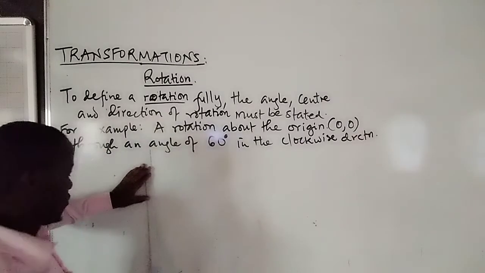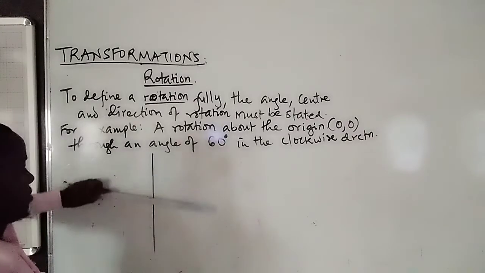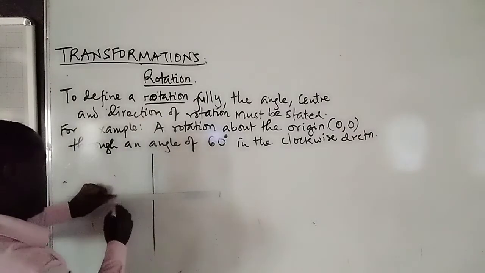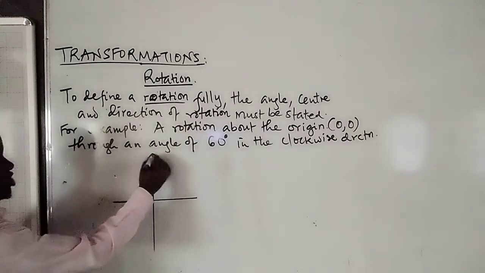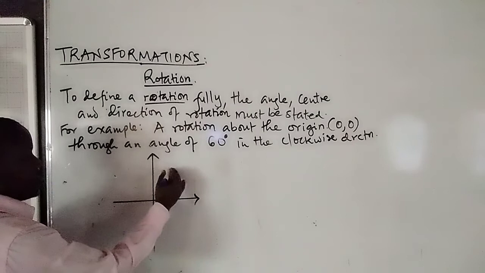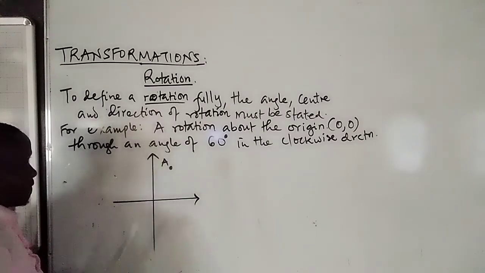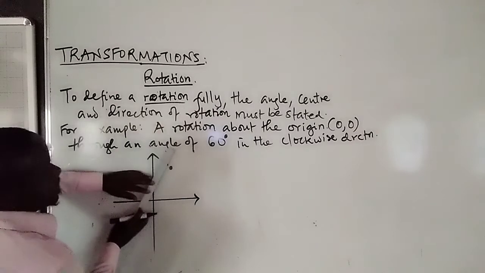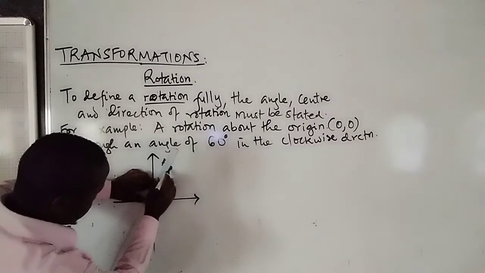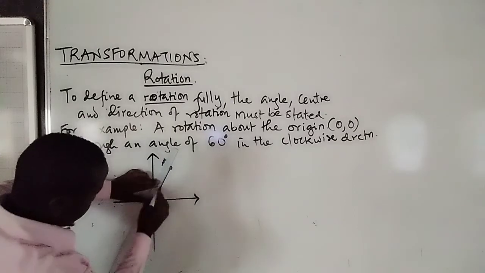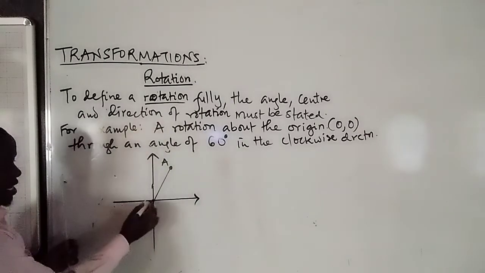Therefore, if you've got a Cartesian plane of this nature, then you have a point here, and you want to rotate A. You bring A to the center, which is the origin of rotation.